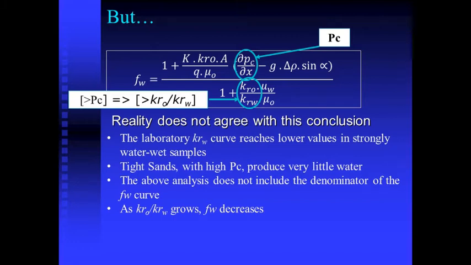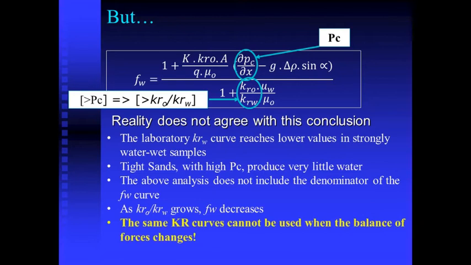In systems with high capillary pressures and strongly water-wet, the oil relative permeability increases when compared to water relative permeability, leading to a bigger additive term in the denominator, which, in turn, leads to a lower calculated value for the fractional flow of water. In summary, the complete analysis indicates that both the numerator and the denominator increase following the increase of capillary effects in the system.